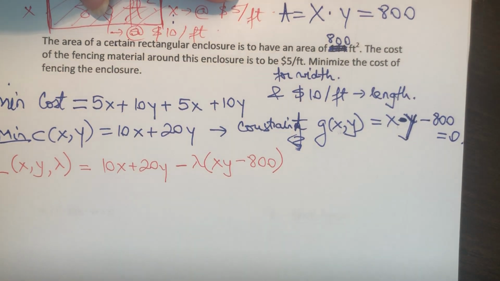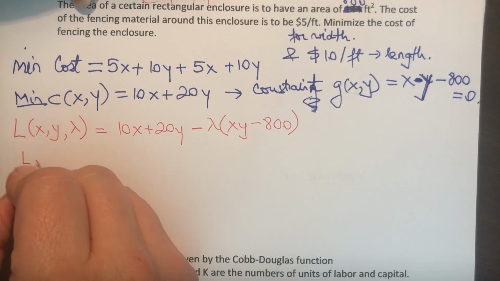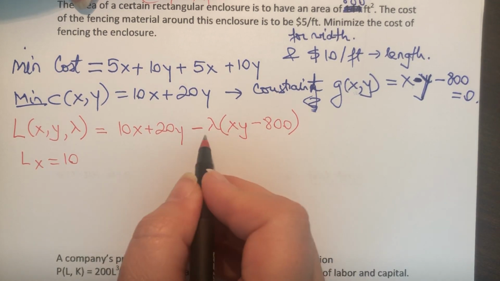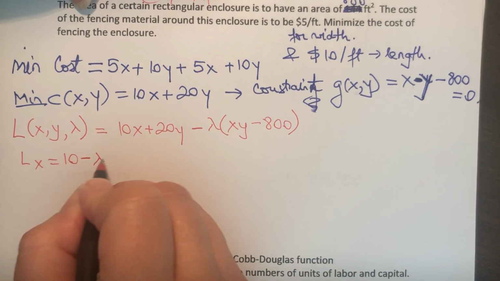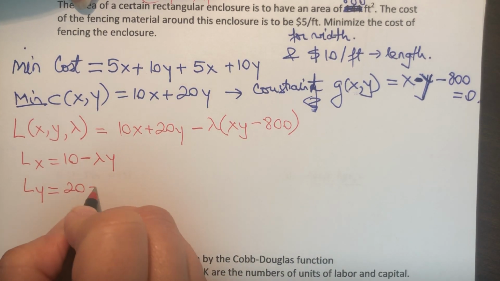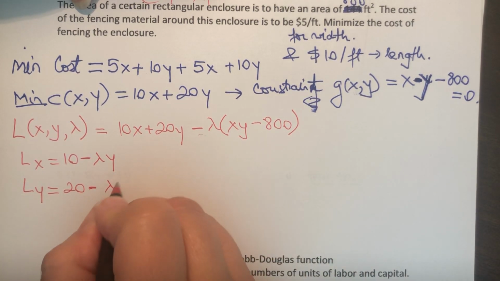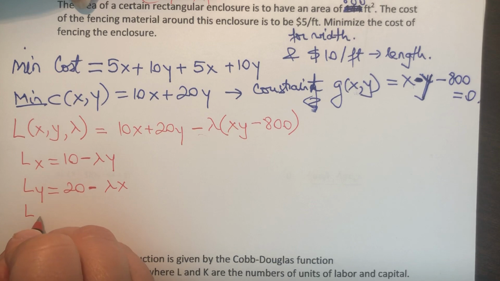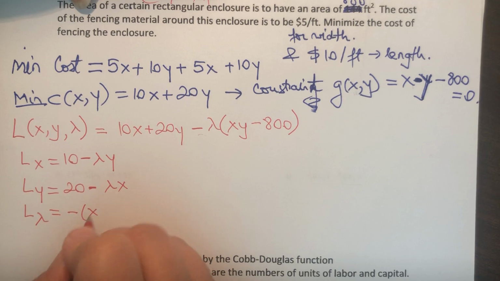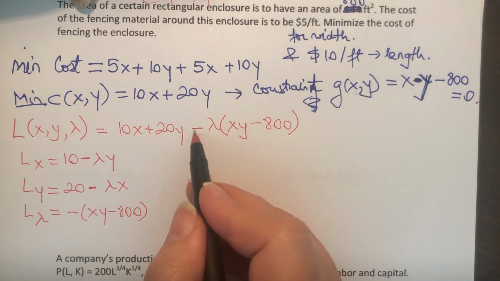Okay, so let's find the three partial derivatives. Lx is going to equal 10 minus the derivative of lambda xy with respect to x, which is lambda y. Ly is 20 minus the derivative of this term with respect to y, which is lambda x. And of course, L lambda is your condition, so the derivative with respect to lambda is negative that.